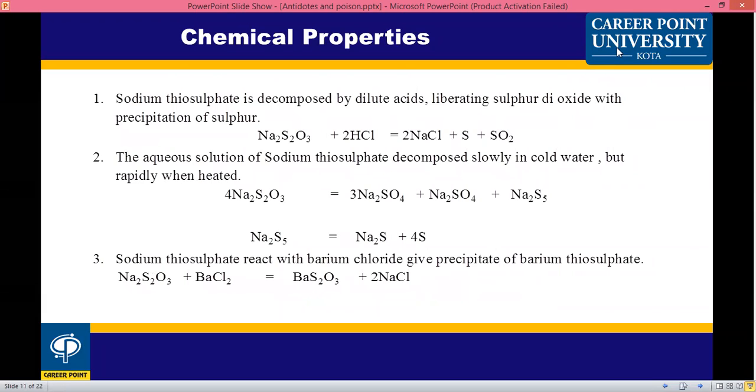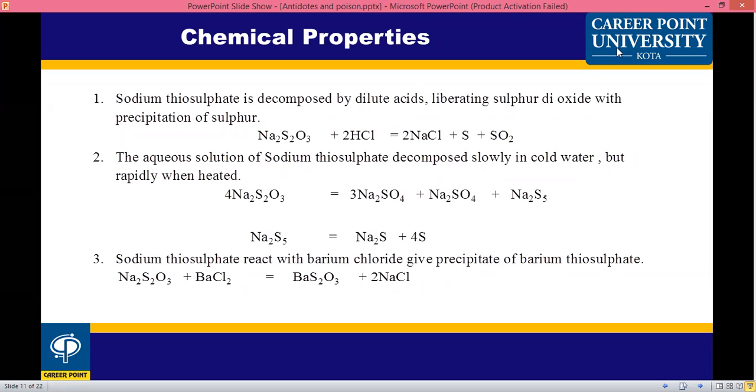Next is the chemical property of sodium thiosulfate. Number one, sodium thiosulfate is decomposed by dilute acid.